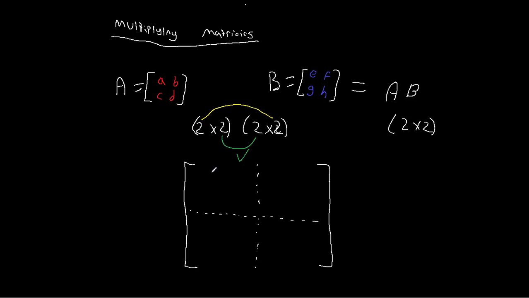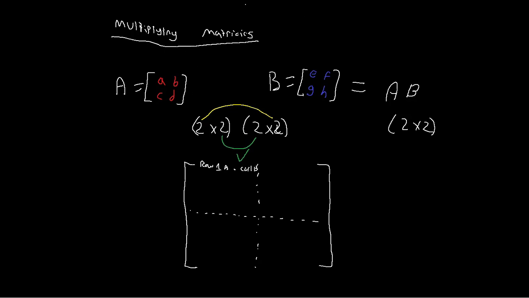The general way matrix multiplication works is you multiply the row of A times the column of B. So this is going to be row 1 of A times column 1 of B. In other words, a row vector times a column vector.